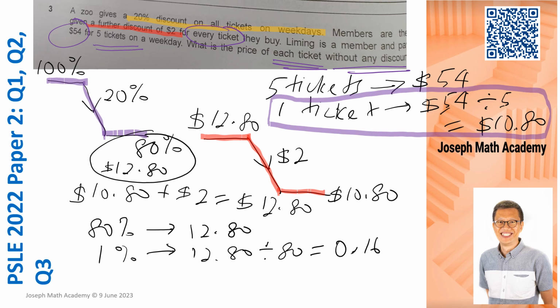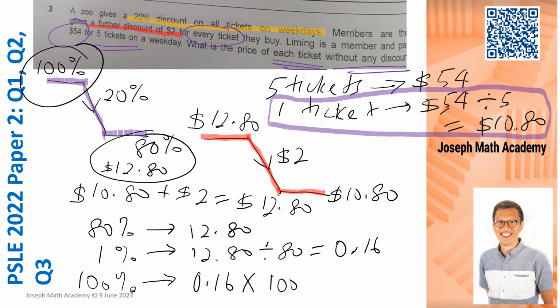And we want to find the original price of one ticket, no discount at all. So very simply, 16 cents times 100 gives us $16. So the answer for question 3 is completed: $16.